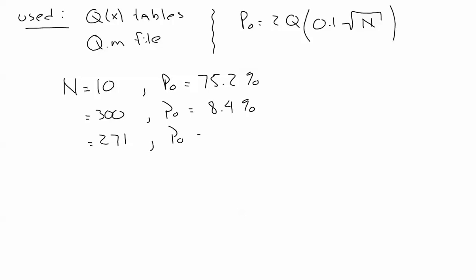That gave me a 10% chance of my sample length being too long or too short by 0.1 standard deviations. If I let n equal 1,000, I got P naught was about 0.2%, and of course if you plug in infinity, I get P naught is exactly 0.